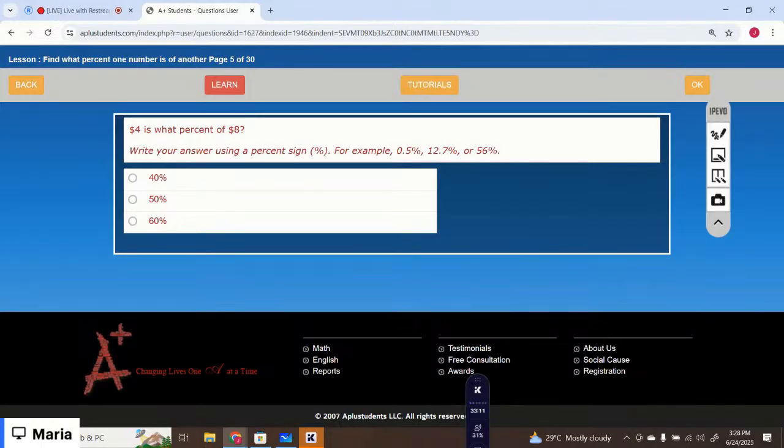So which is the correct option? That is 50%. Option number B is the correct option.